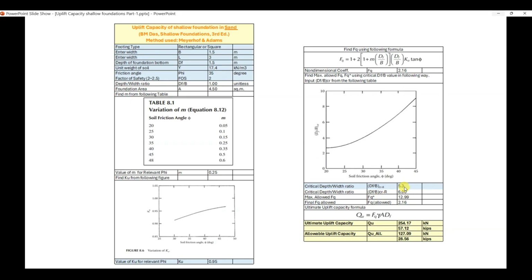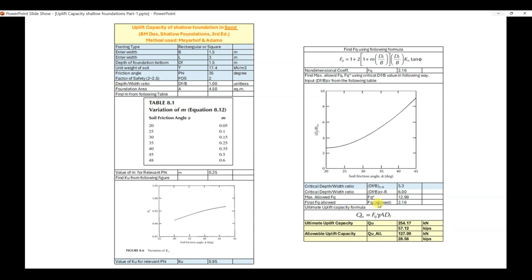This is 6. 5.3 becomes 6. Then we will put this value, which is 6, into this equation. Then we will get FQ maximum allowed is 12.99. However, since our previously determined FQ value 2.16 is less than 12.99, therefore the lower value governs.